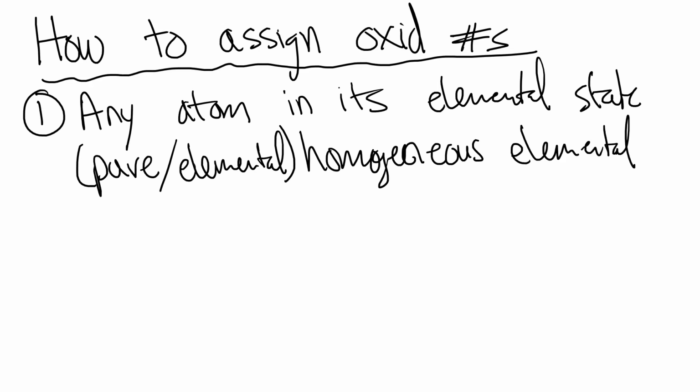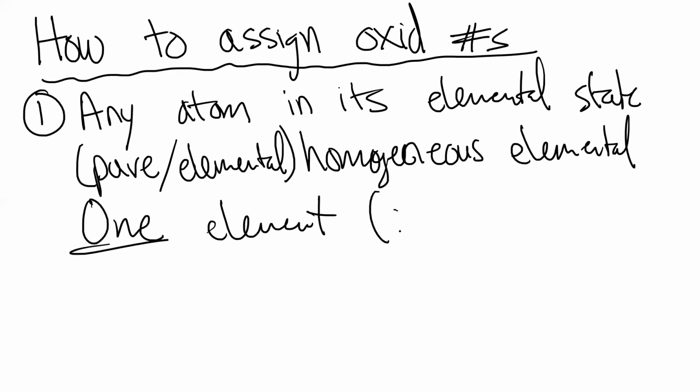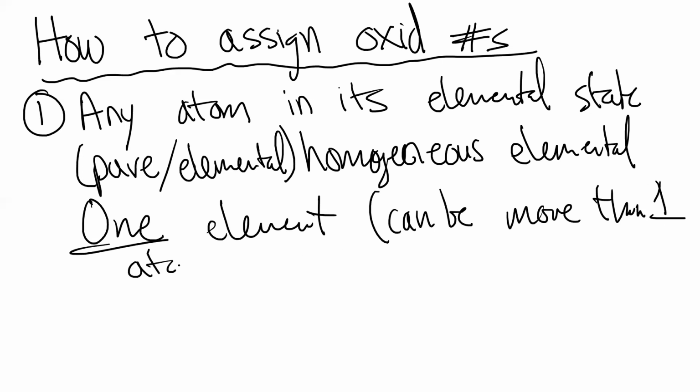The whole point I'm trying to make is it's one element by itself, but that doesn't mean one atom by itself. Okay, we're not talking one atom. We're talking about one element, which can be more than one atom of the same element.